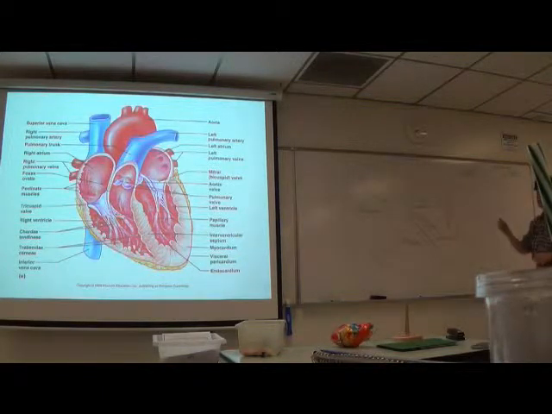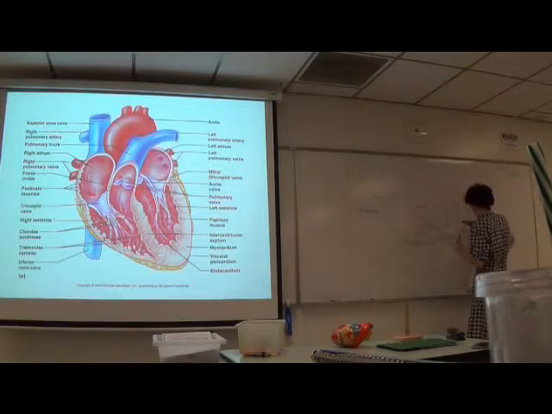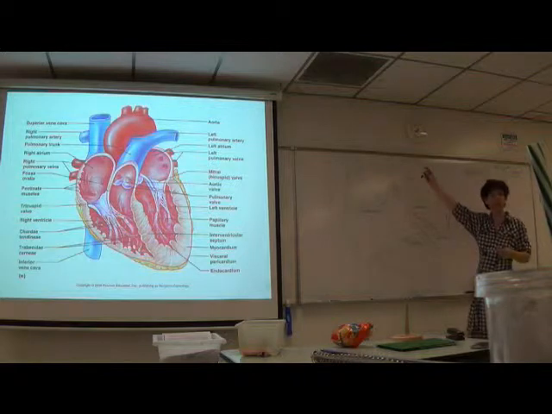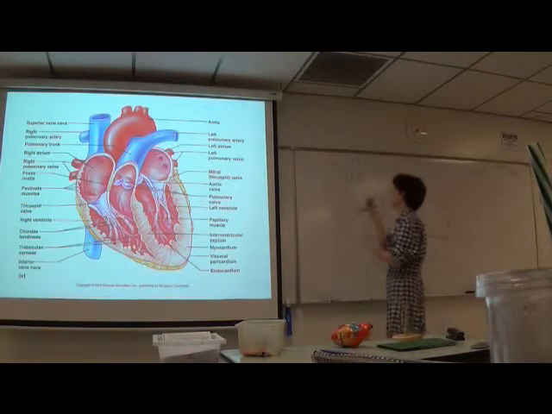So the right atrium receives blood via three different vessels. It's deoxygenated, so maybe I'll rewrite this in the blue. And it's going to receive blood from the head and neck and chest via the superior vena cava.